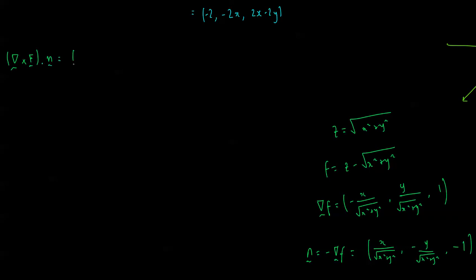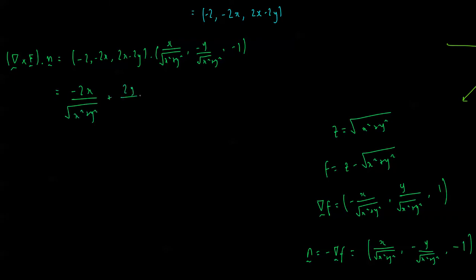So that's equal to negative 2, negative 2x, 2x minus 2y, dotted with x on the square root of x squared plus y squared, negative y on the square root of x squared plus y squared, minus 1, which is equal to negative 2x on the square root of x squared plus y squared, plus 2y on the square root of x squared plus y squared, minus 2x plus 2y.